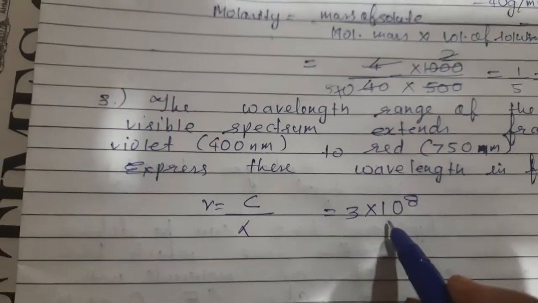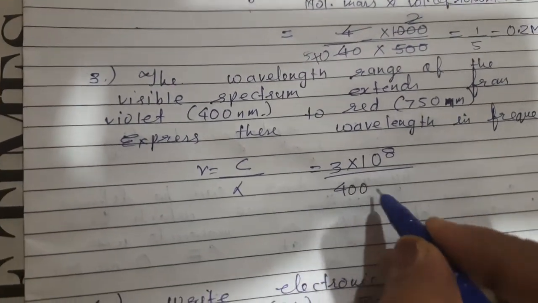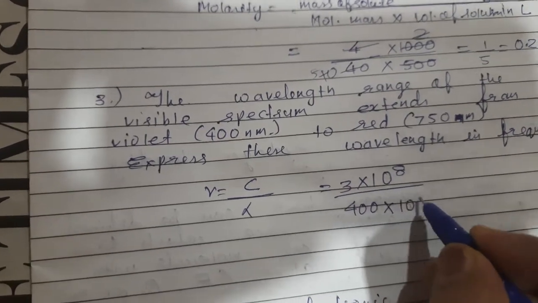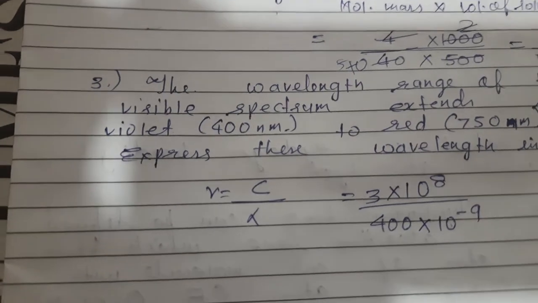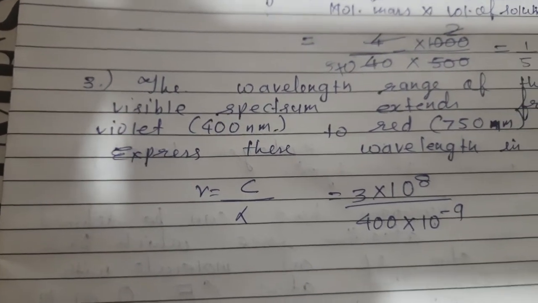Okay, and divided by, what is lambda given here? First lambda is 400 nanometer. So we will write here 400. It is in nanometer, so let us convert into meters. So 400 into 10 raised to power minus 9 meter. Now 8 plus 9 is 17, and 3 divided by 400.